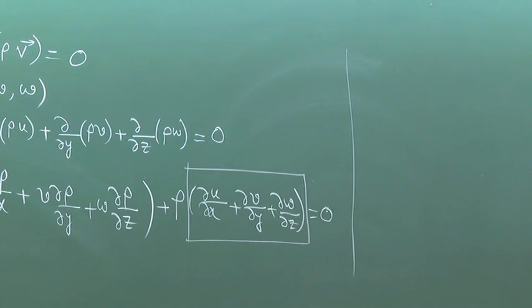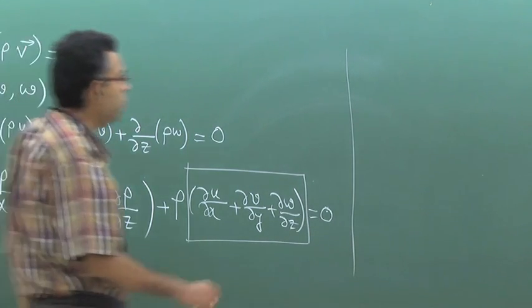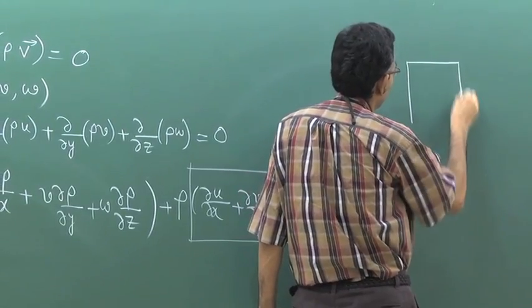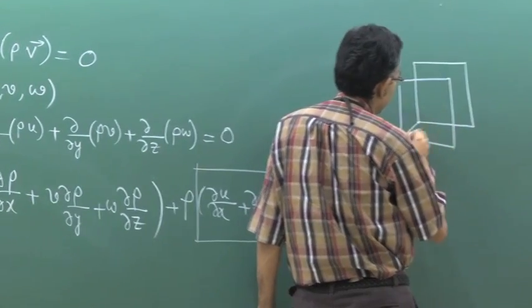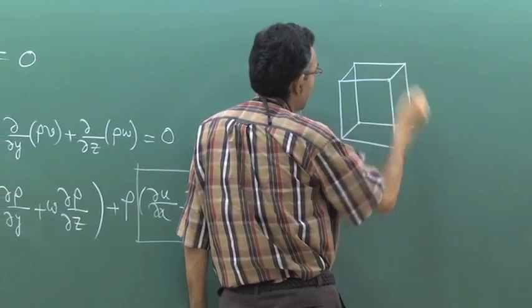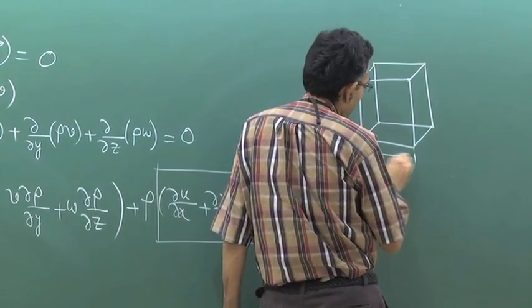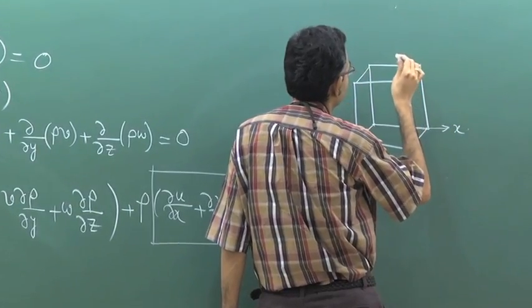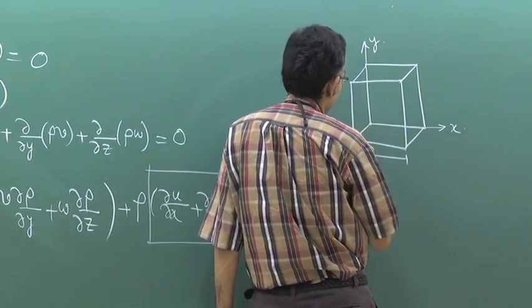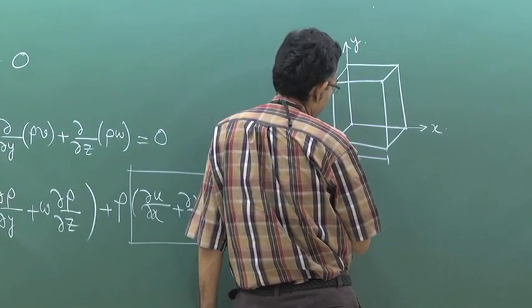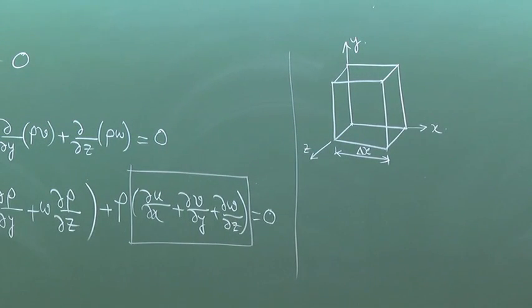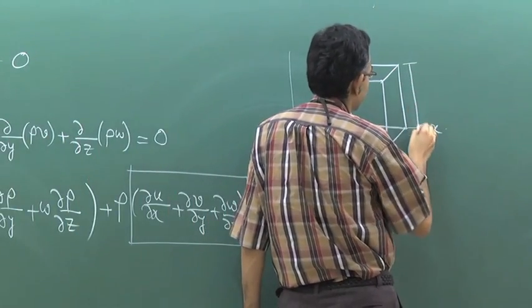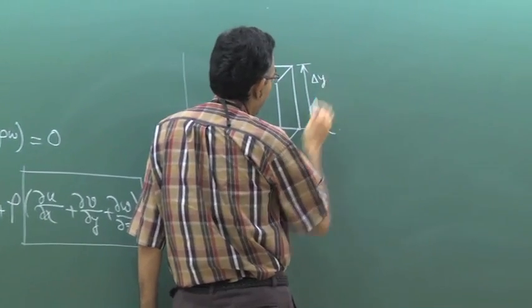To understand that, let us take an element with a length of delta x along x, delta y along y and delta z along z.